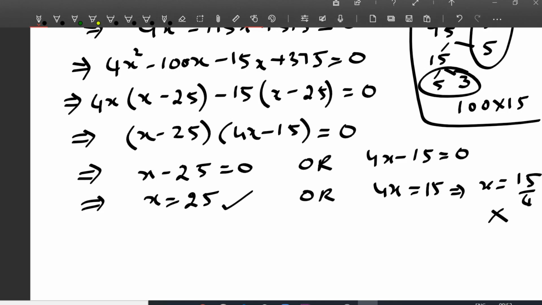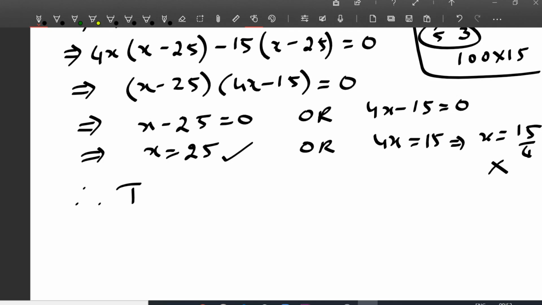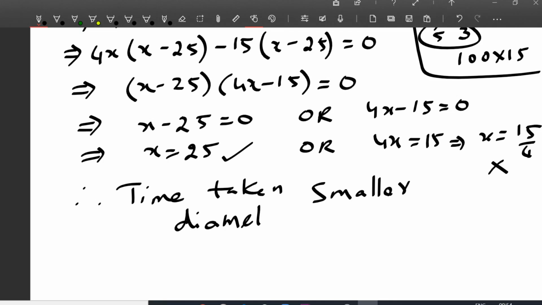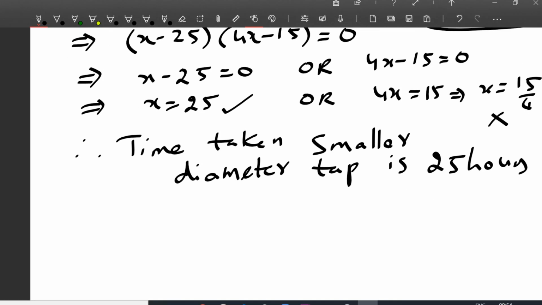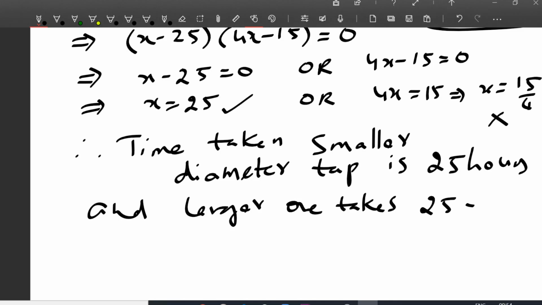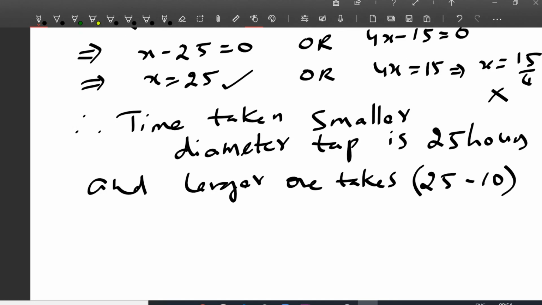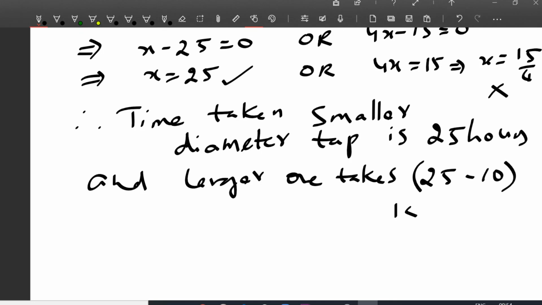Therefore the time taken by smaller diameter tap is 25 hours, and the larger one takes 25 minus 10, because in the question he gave 10 hours less than the smaller diameter tap, which will be 15 hours.